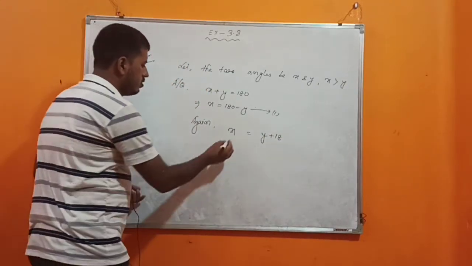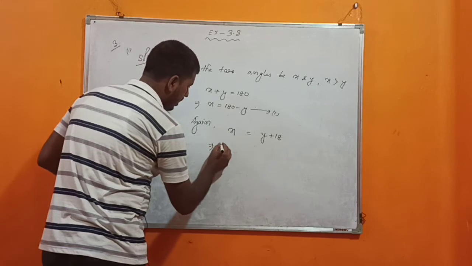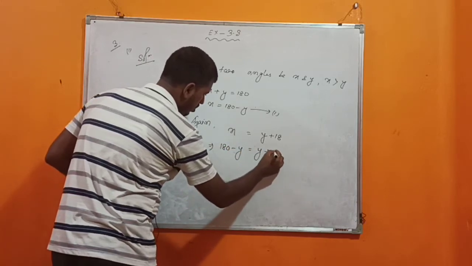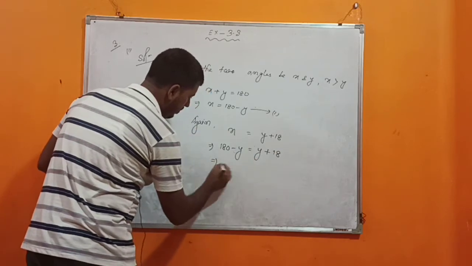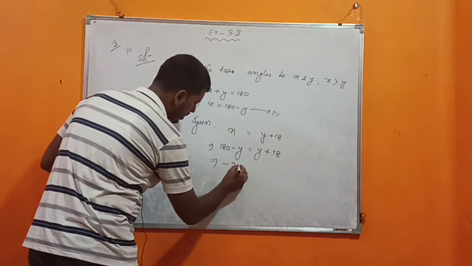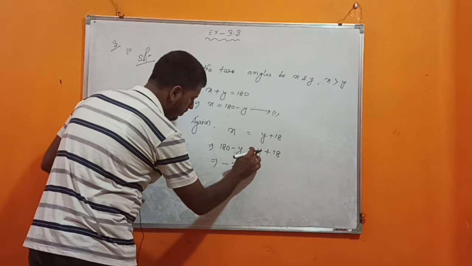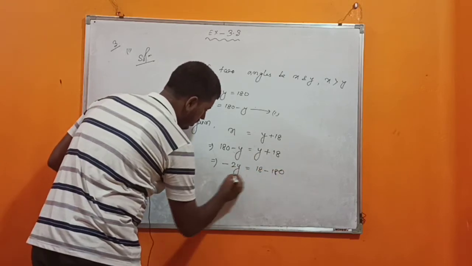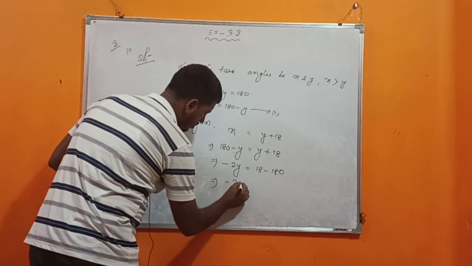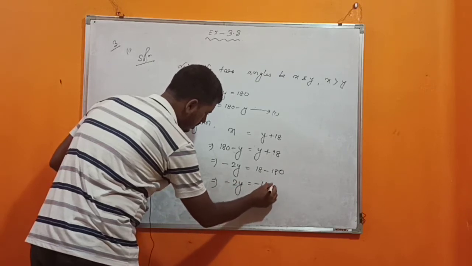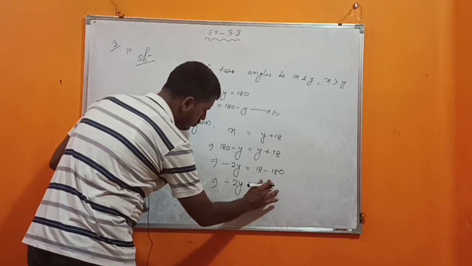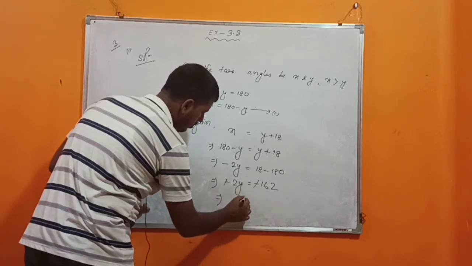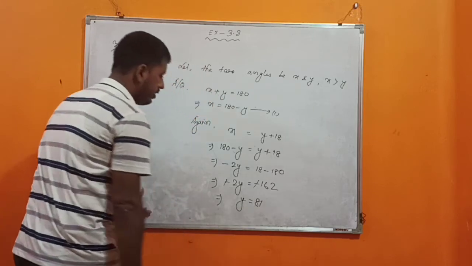Okay, so I am putting the value of x here, 180 minus y equal to y plus 18. I am taking both the variables on one side, that is minus 2y is equal to 18 minus 180. It will be minus 2y equal to minus 162, and minus will be cancelled, it will be y equal to 81.